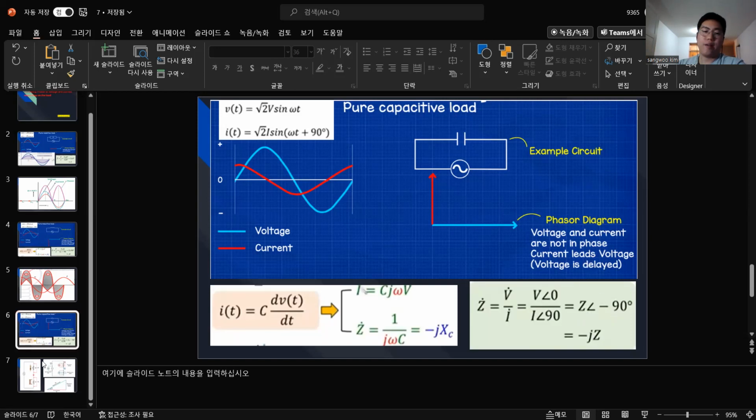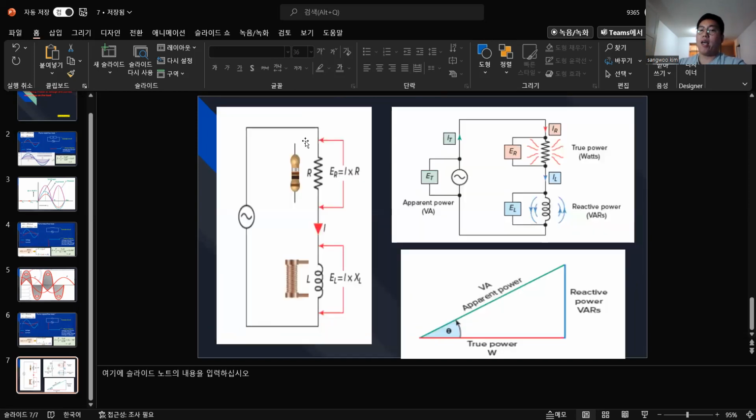So yeah, I explained. And since we have RLC circuits, but mostly we use RL loads like a motor or something, right? That's why the current is not straight, not pure inductive current, right?